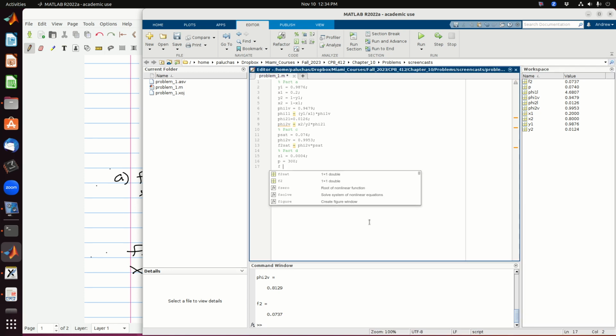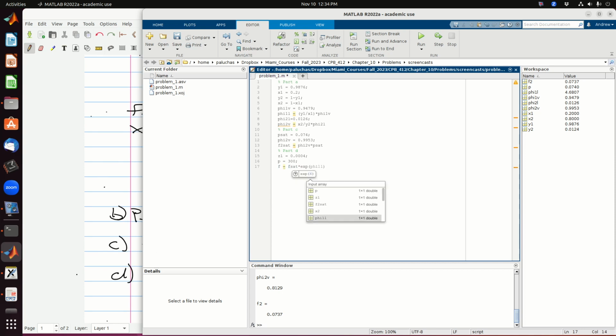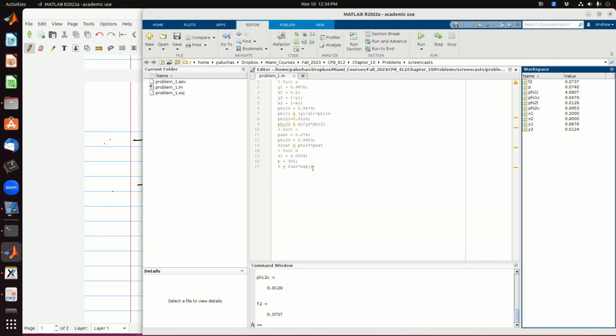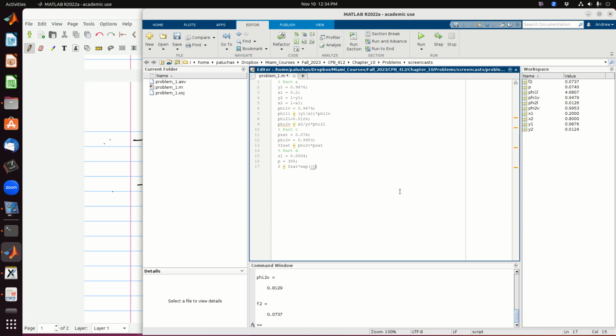Okay, so F is going to be equal to Fsat times the exponential of V over RT. We replace that with ZL over PSAT. So I'm putting in parentheses ZL divided by PSAT times P minus PSAT.